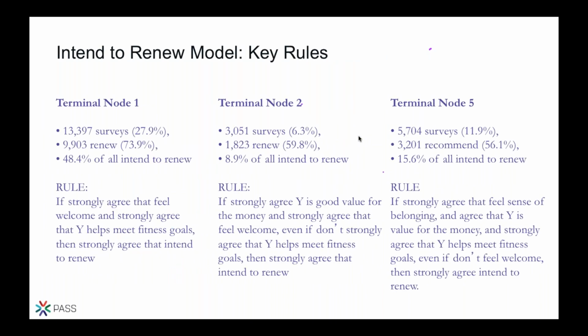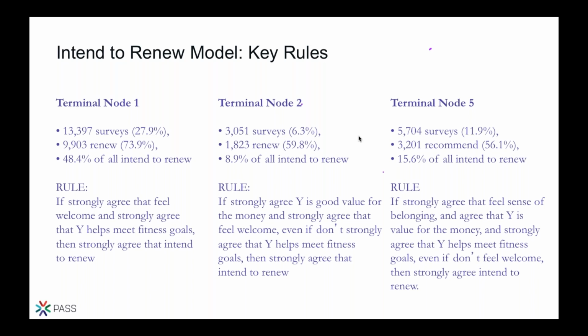So here, the strongest rule is this, 74% likely to renew, almost half of all those who are highly likely to renew said that they feel welcome and the Y helps meet their fitness goals. Now, is that obvious? Maybe. If you'd ask stakeholders at the Y if these are important characteristics, maybe they would say yes.